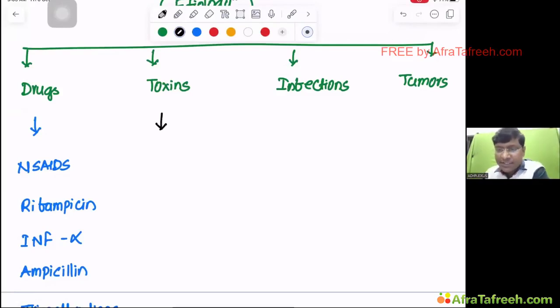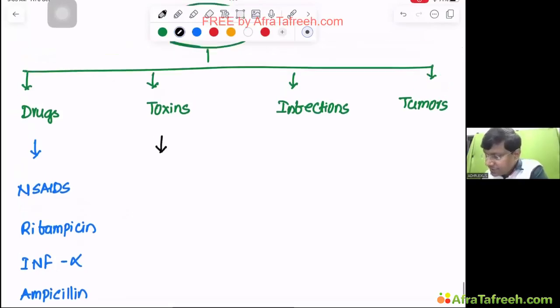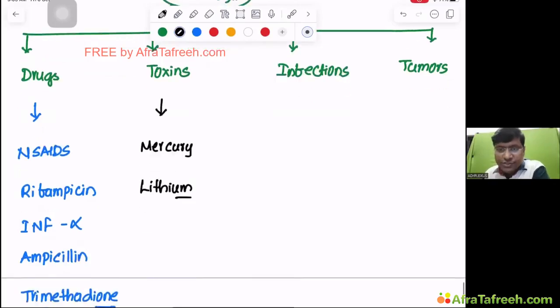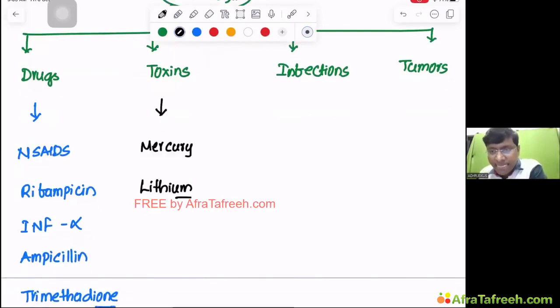Now coming to the toxins that will be causing minimal change disease. The toxins will be mercury, right? And then lithium. What is the endocrine disorder associated with lithium? Very good, Jacob.